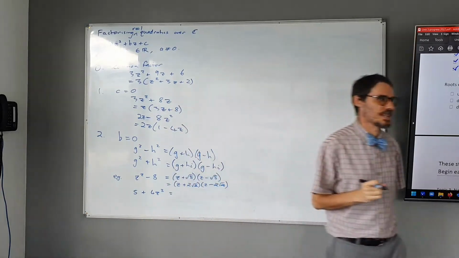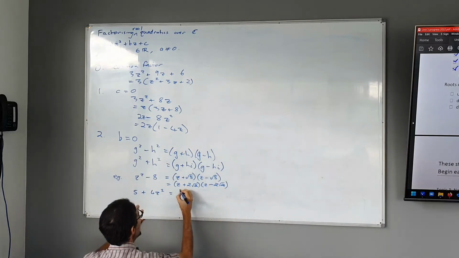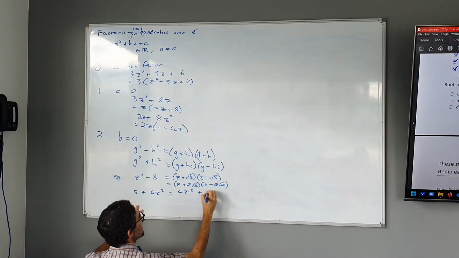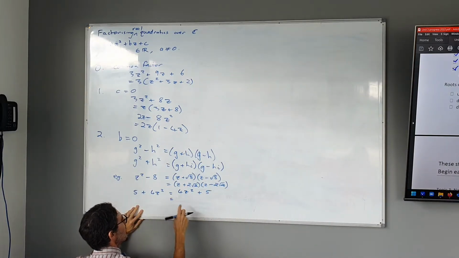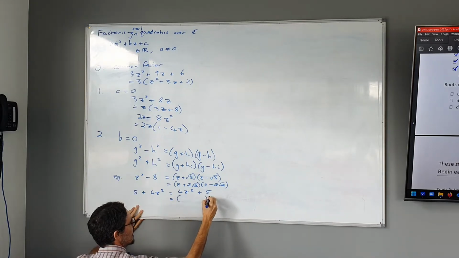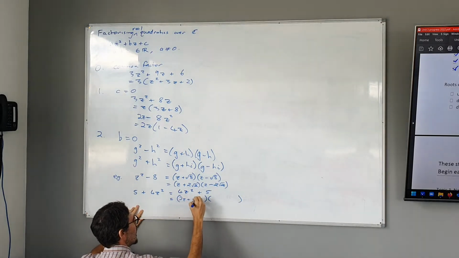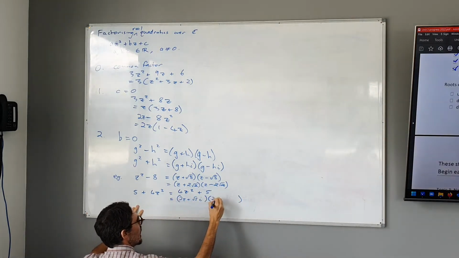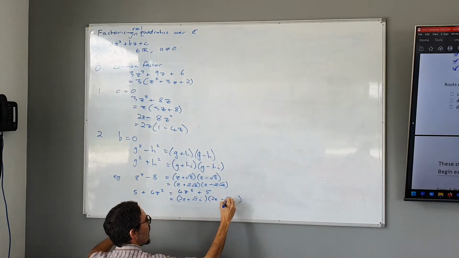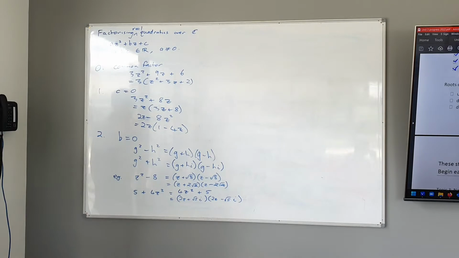Otherwise, the z's and i's are going to get in each other's way. I would write this first as 4z squared plus 5, and then go, what's the square root of this one? 2z. Easy enough.